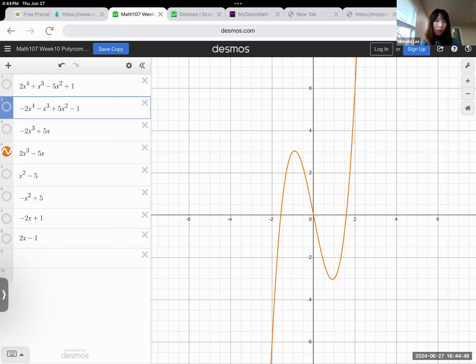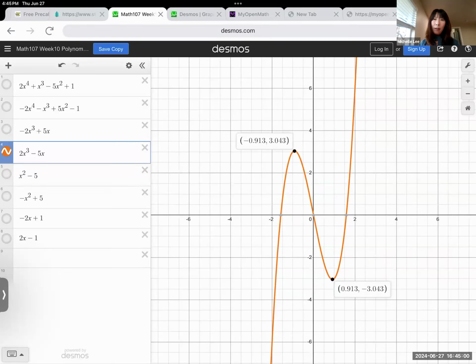Can you see? Okay, we can see that 3 minus 1, which is 2, at most local extrema, right? So 1, 2, we knew, right? And then how many x-intercepts at most? It's a 3, right? So let's check that. Check it out. So 1, 2, 3.